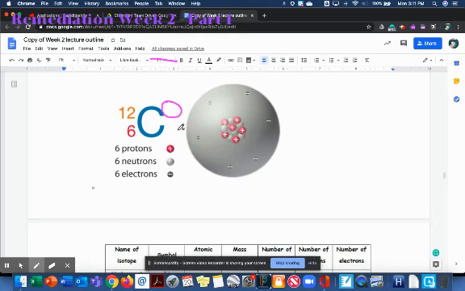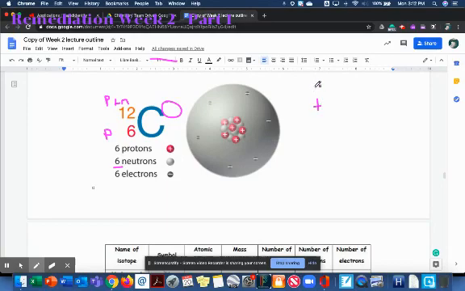To get the number of neutrons, we have to take the mass number, which is the protons plus the neutrons, and subtract from it the atomic number, which is the number of protons. So 12 minus 6 gives us 6 neutrons. Okay. If this element had a charge, we would have to adjust the number of electrons.